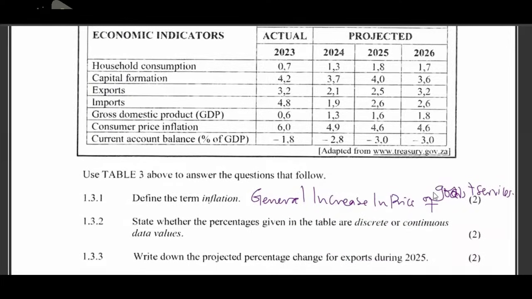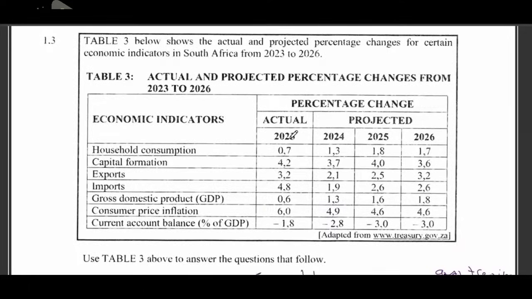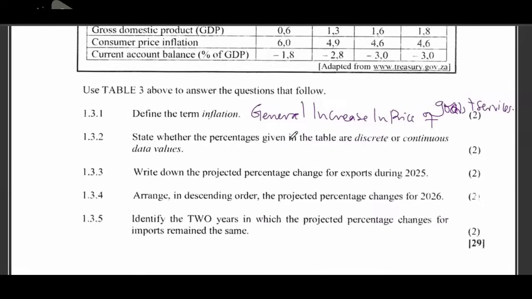State whether the percentage given in the table are discrete or continuous. Now, the moment you see commas, the value becomes continuous. The percentage becomes continuous. So it's continuous.